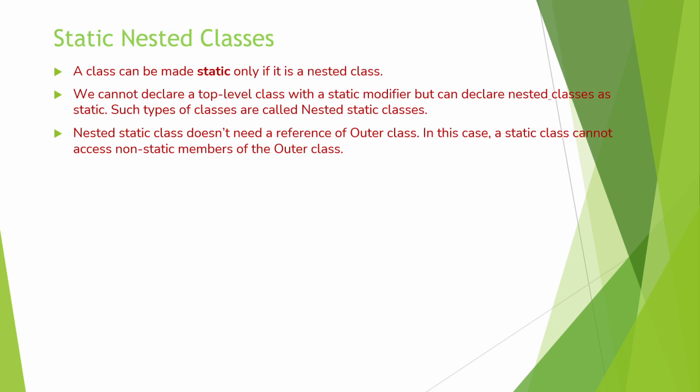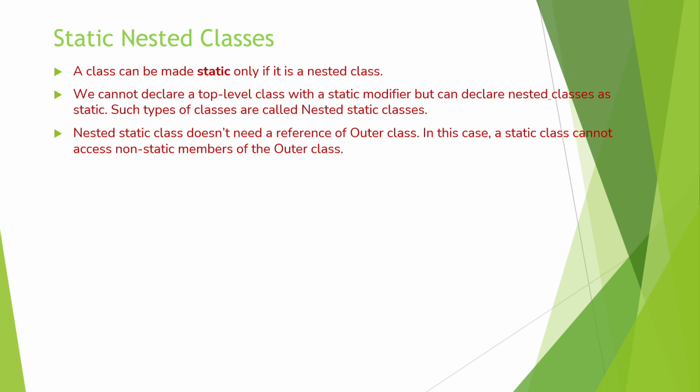Next, static nested classes. A class can be made static only if it is a nested class. We cannot declare a top-level class with the static modifier, but we can declare nested classes as static. Static nested classes do not need a reference to the outer class.